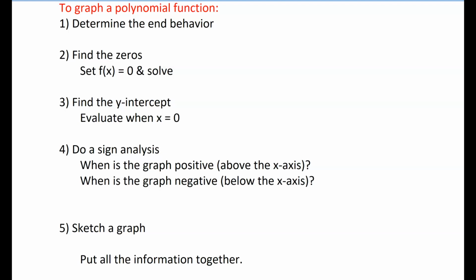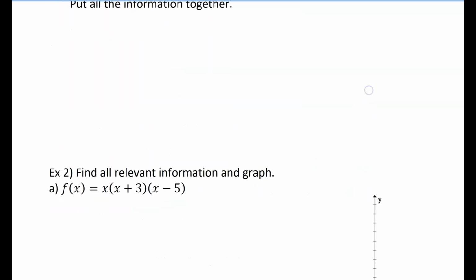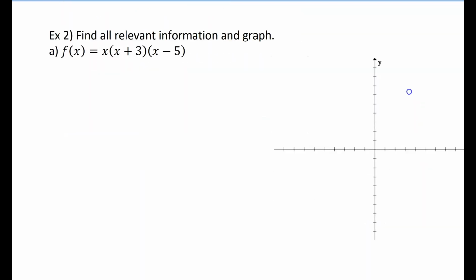And then the last piece is to take all that information, put it together, and sketch in the graph. All of this stuff you already know, we're just going to put it all together now to produce the image.